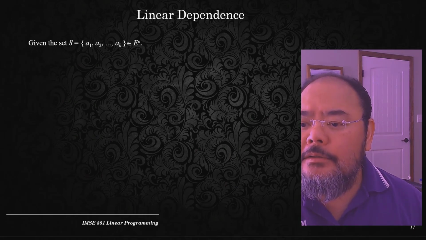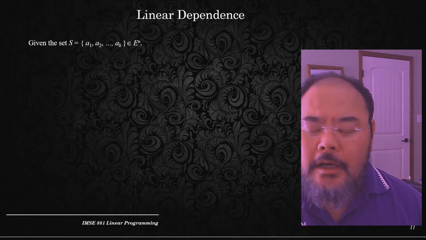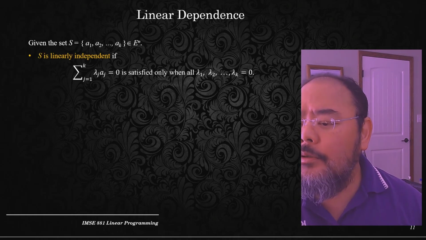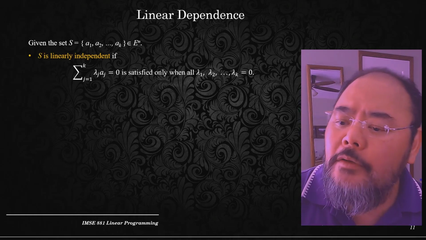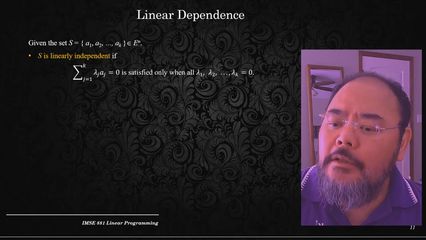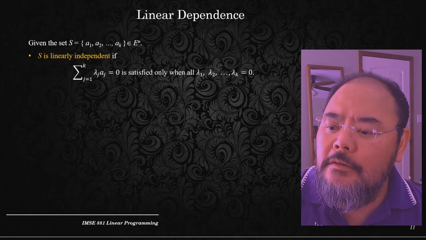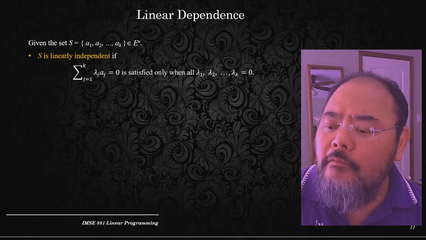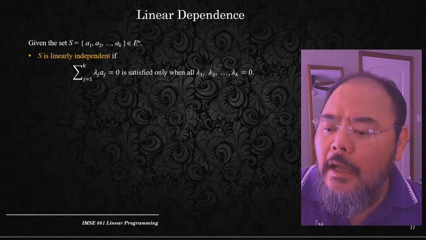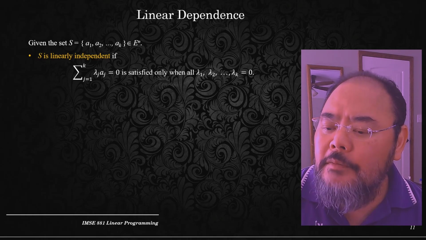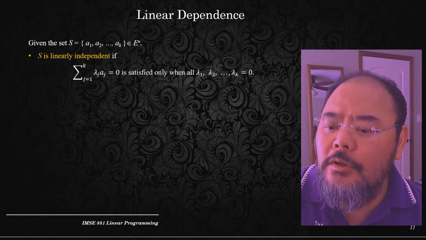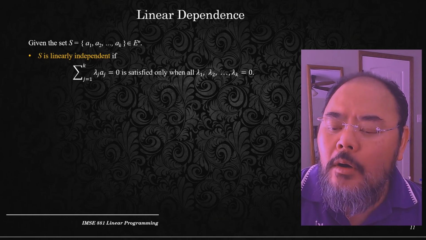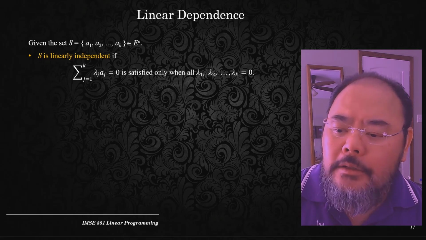Next is linear dependency. For example, a set of vectors A1 through AK belonging to n-dimensional Euclidean space. The set S is linearly independent if the summation of lambda j times aj equals 0 is satisfied only when all the lambda are equal to 0.